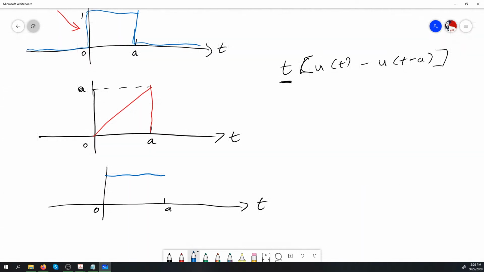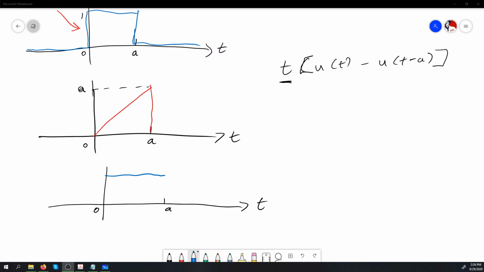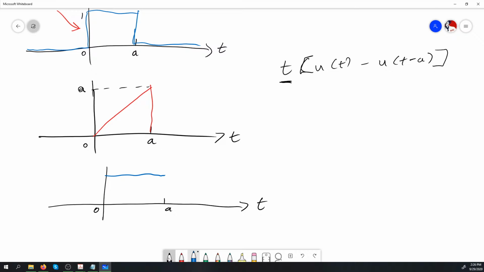At a, on the other hand, we had a change here from a to 0.